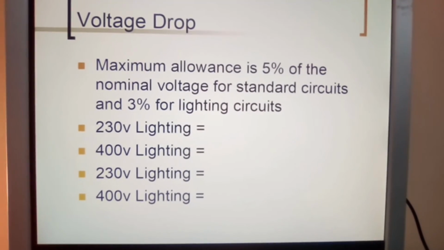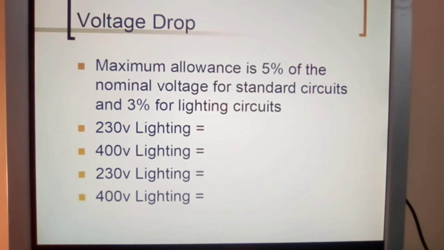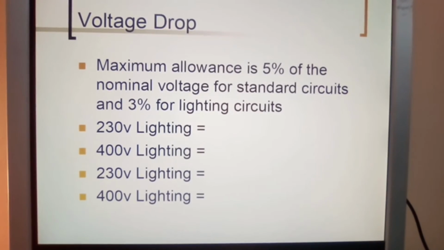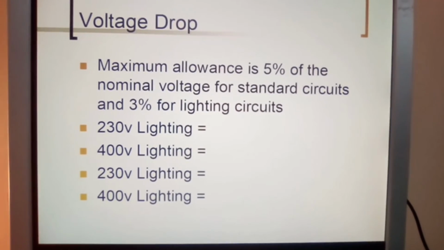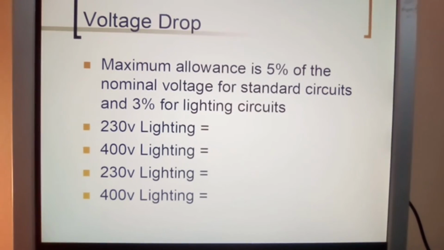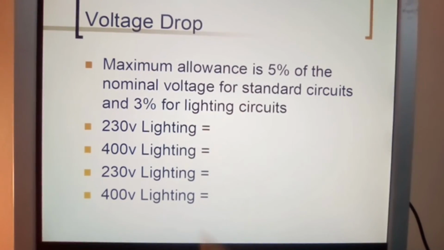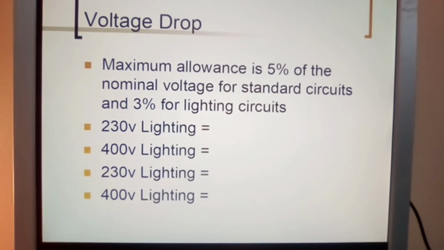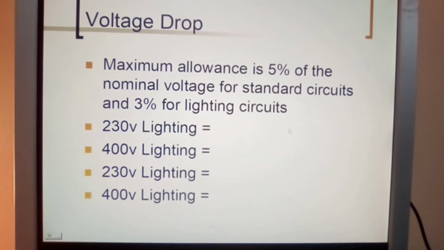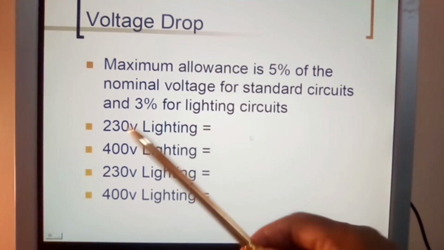Now the maximum allowable voltage drop is 5% of the nominal voltage for standard circuits and 3% for lighting circuits. So you can look at this and calculate these. I'm going to leave that for you to do.